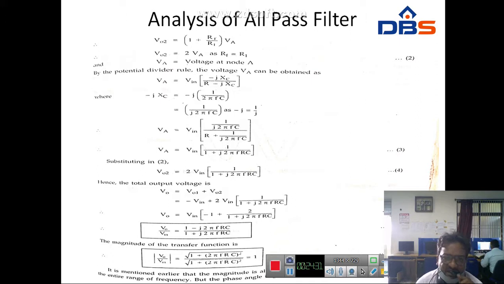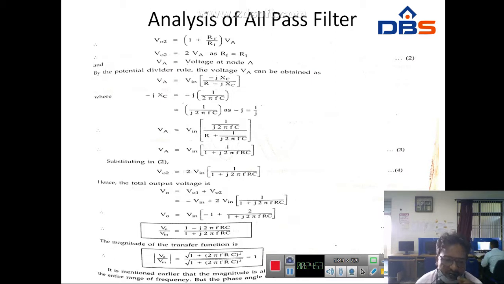We consider VA as the voltage at node A, because we are using the superposition principle here. After calculating, we finally get V0 by Vin equal to (1 minus j 2 pi FRC) by (1 plus j 2 pi FRC).